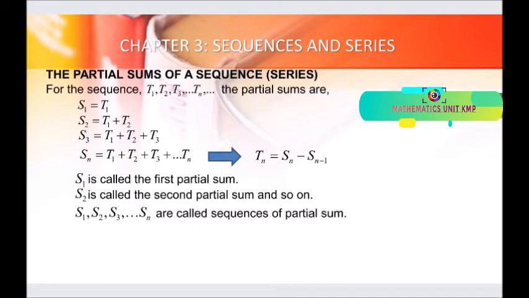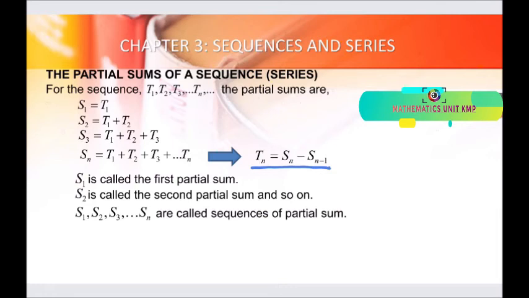From the series, we can get the nth term by subtracting the previous series from the series. So note here, S1 is called the first partial sum.